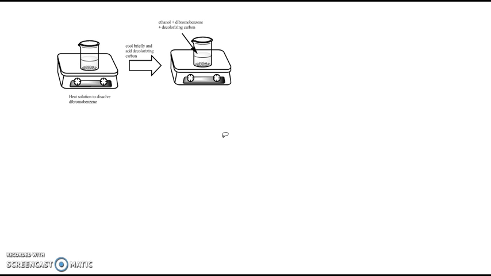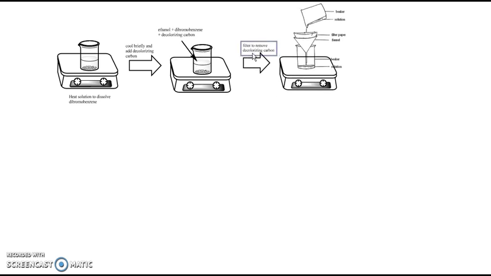And we do that, as we said before, by filtering the solution. So we're going to filter off the decolorizing carbon while we're on the hot plate to make sure that the solution keeps dissolving our product and to make sure that we're ready for the next step where we start adjusting the solubility of our product as well.